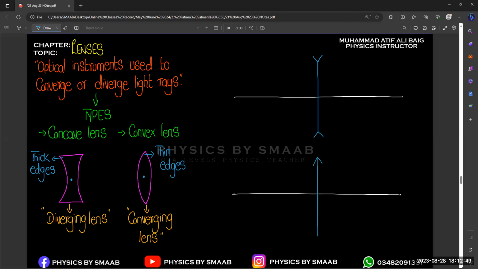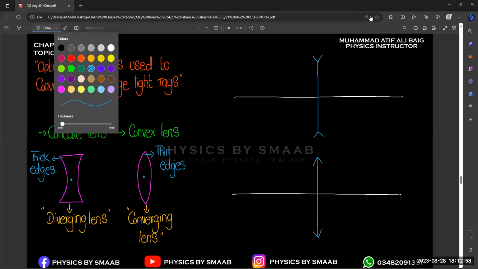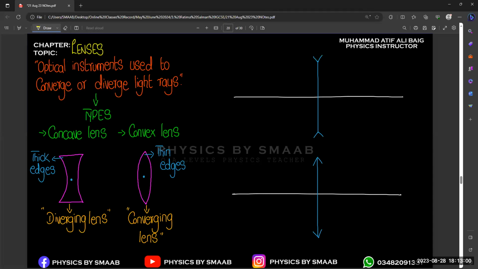And for the convex lens we just use normal arrows to give you the concept of thin edges, right? So the first diagram is for the concave lens, and the second diagram is for the convex lens. Okay, clear?